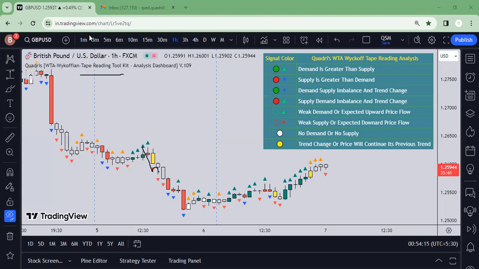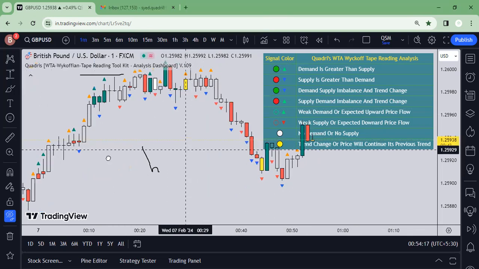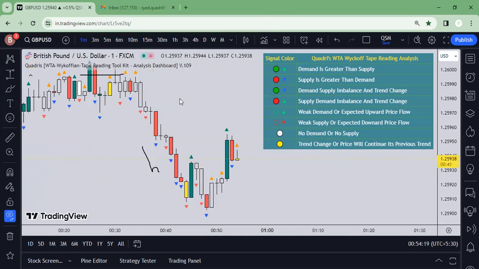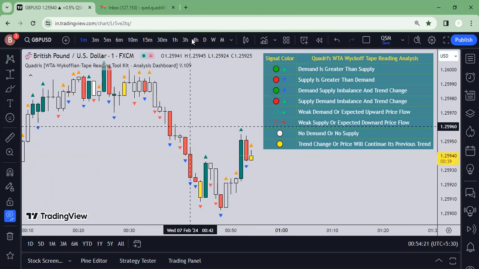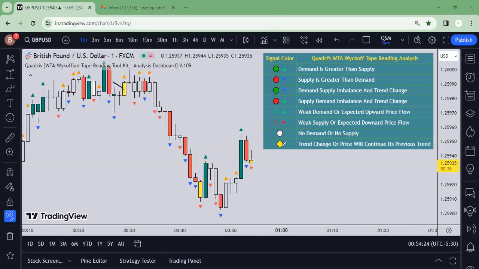Even if you come down to 1 minute, it will not make any difference. You would be in an easy position to assess this yellow trend change or price continuation.